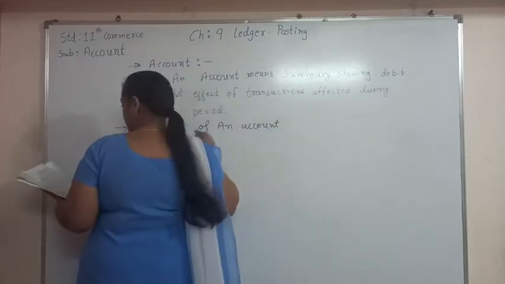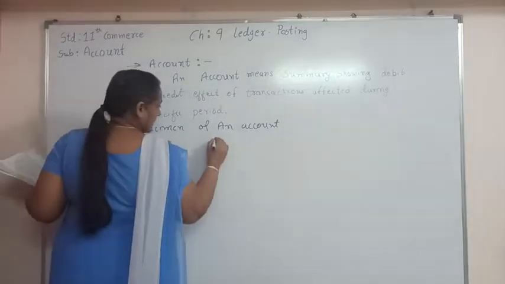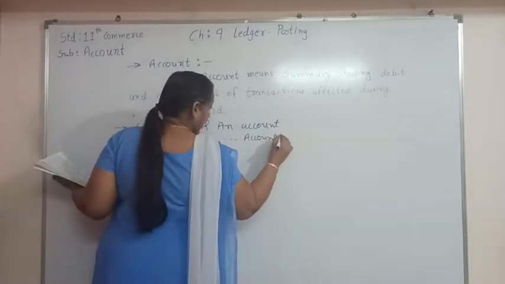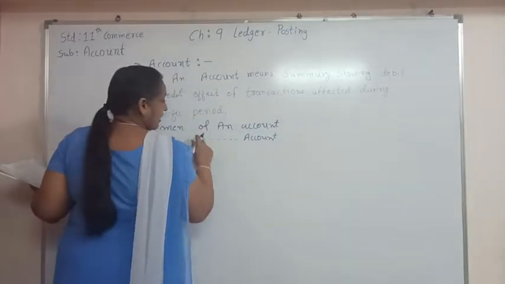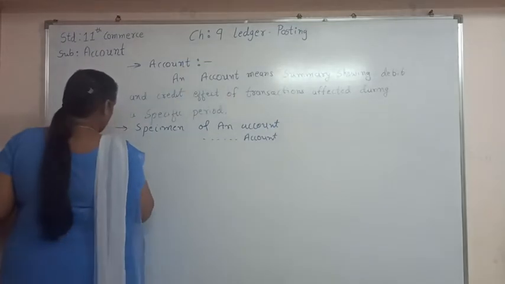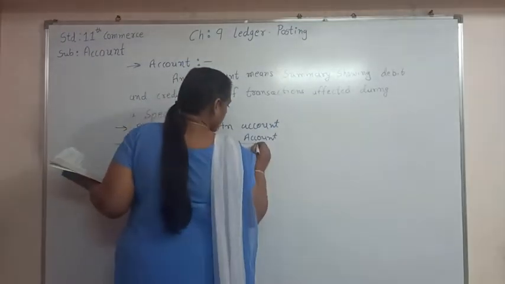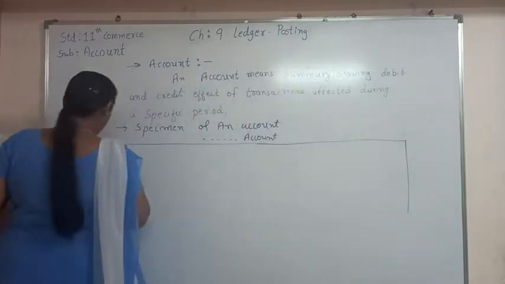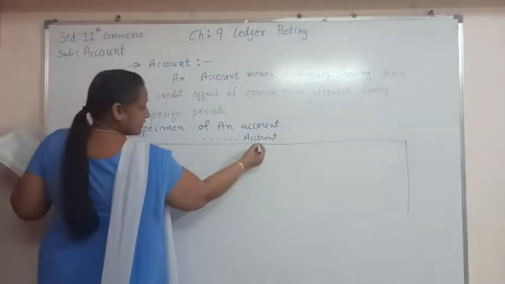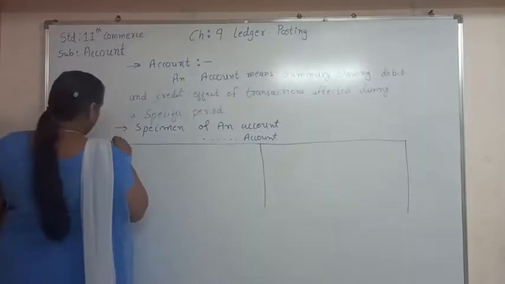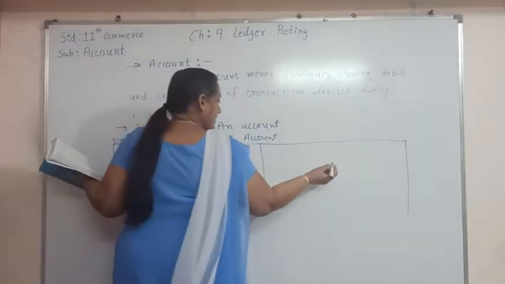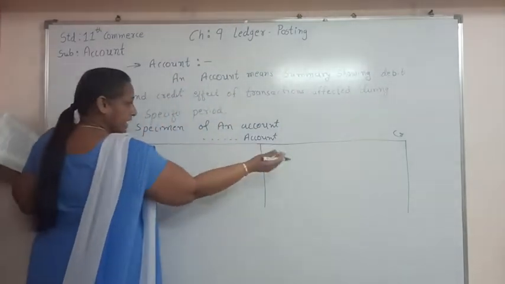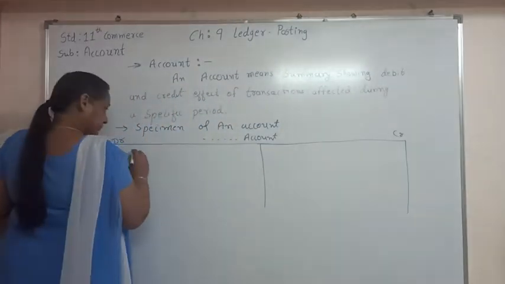If we are preparing an account for any asset, here we are going to write down the furniture account. So this is how we are supposed to make the heading. Then we are going to make the two different sides of the account. This is the debit side and that is the credit side. The left hand side is called debit side, the right hand side is called credit side.